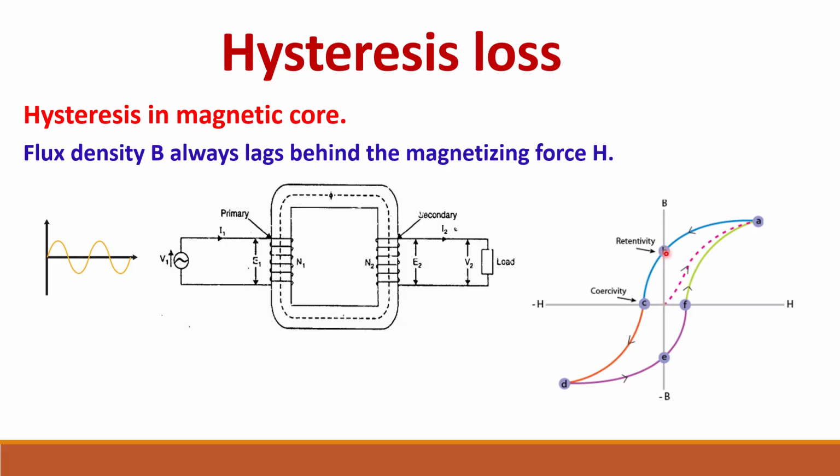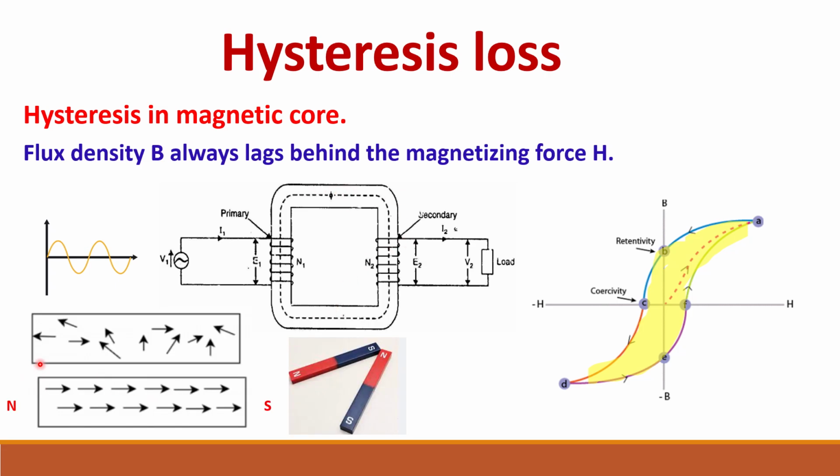So you need to give more energy to bring the flux density to 0. Or we can say some energy is lost in this process of magnetization and demagnetization. Actually, we are giving an alternating field, so the core is subjected to an alternating flux. That is called the magnetization and demagnetization.